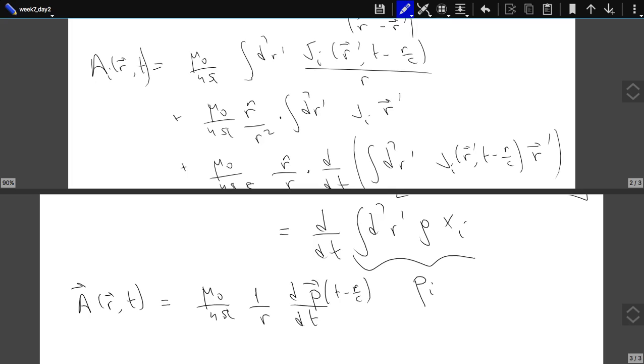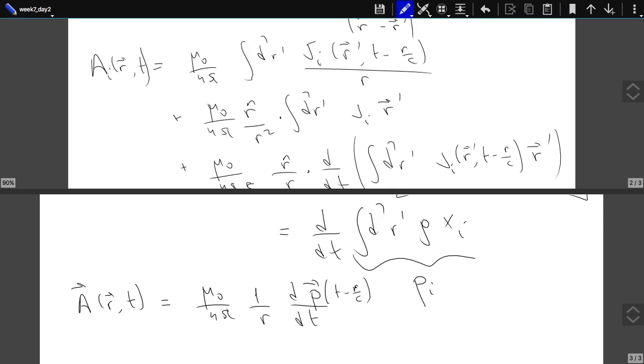Yes, it tells me that a changing electric dipole also creates a vector potential. Not just a magnetic dipole, but a changing electric dipole also creates a magnetic vector potential. Well, that makes sense. Just remember the example of an electric dipole radiation we had. We had this rod, and the charges were going up and down. This system doesn't have a magnetic dipole moment.